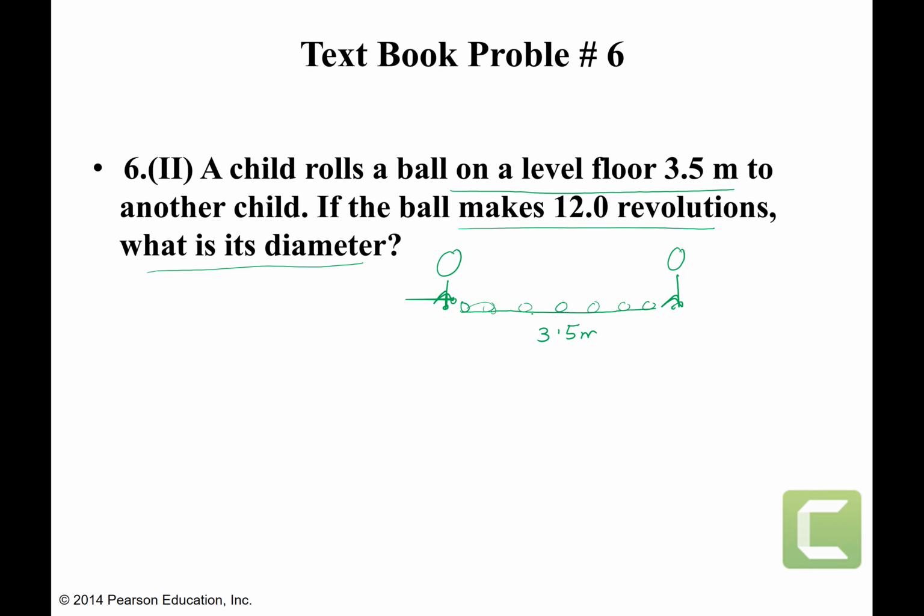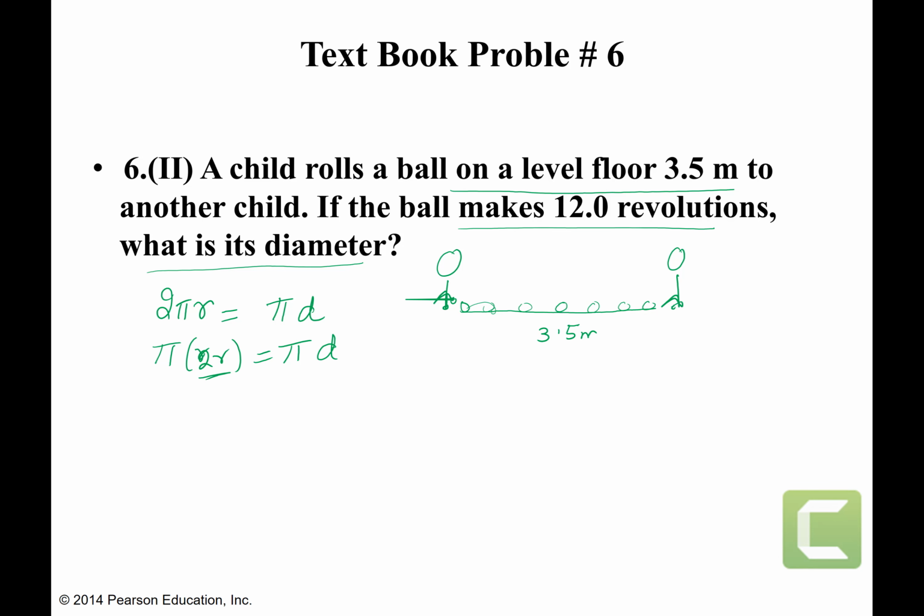So it's rolling, rolling, rolling. The ball makes 2 pi r. So 2 pi r is the perimeter, which also means pi times d, because 2 pi r means pi times 2r. That is nothing but pi times d.